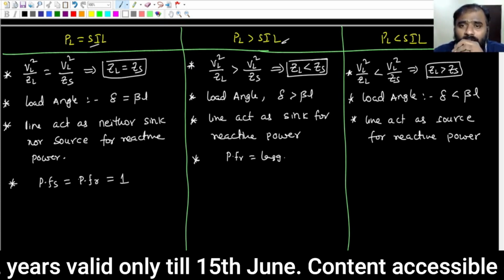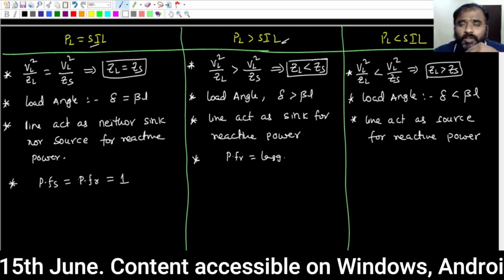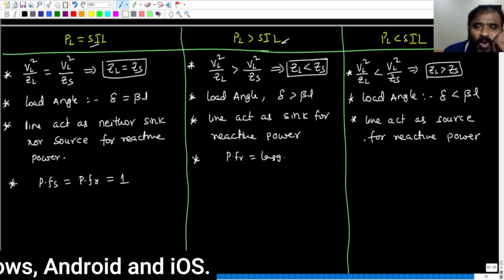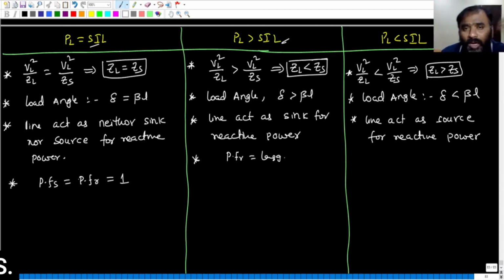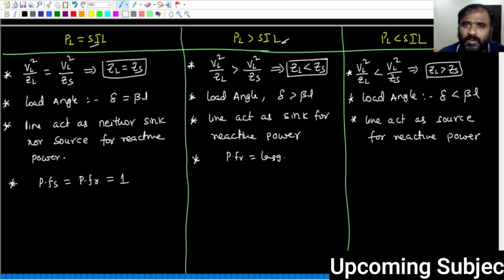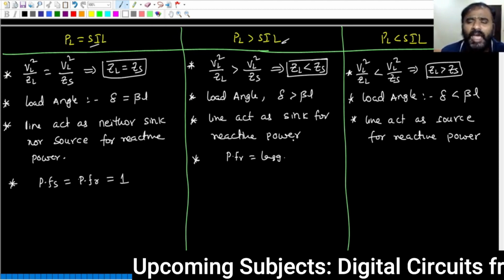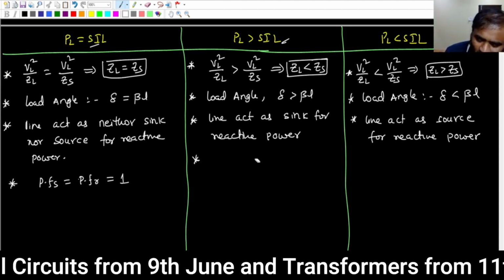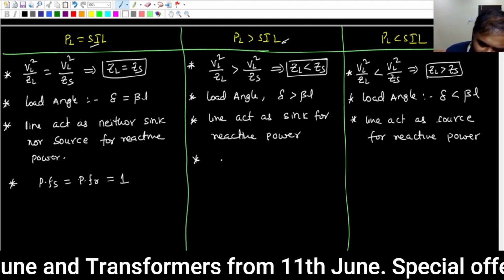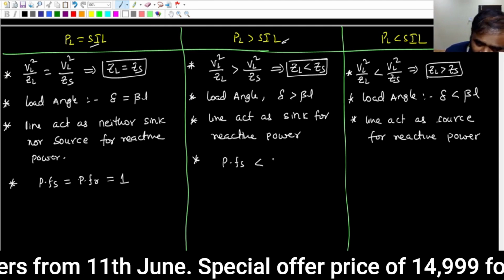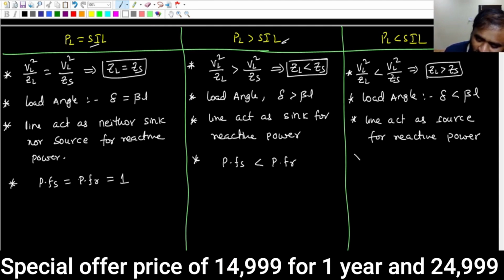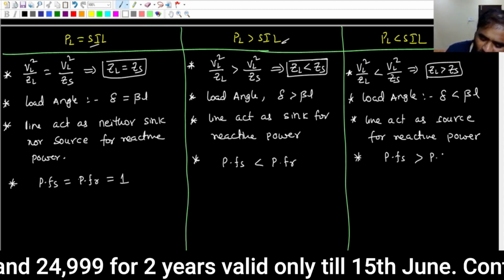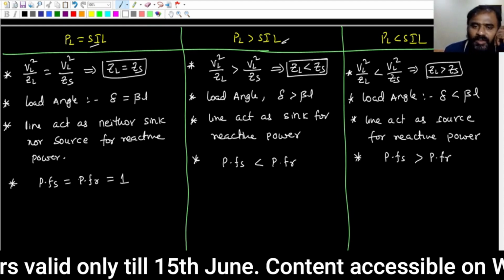Current lags the voltage by a very high value, because here the line is also consuming reactive power, and the load also consumes reactive power. So more reactive power has to come from the source. More reactive power means more angle, and power factor is less. So under this assumption, practically the power factor of the sending end is less than that of the receiving end. Here, reverse: the power factor of the sending end is greater than that of the receiving end.